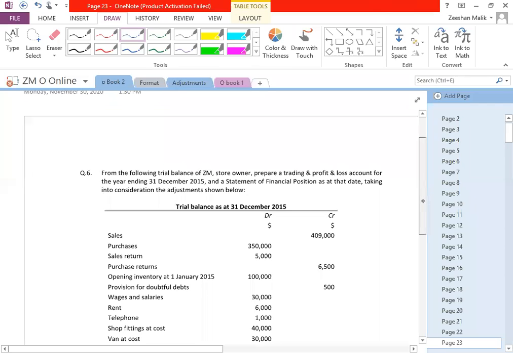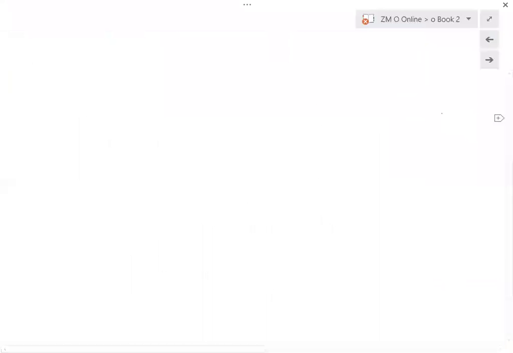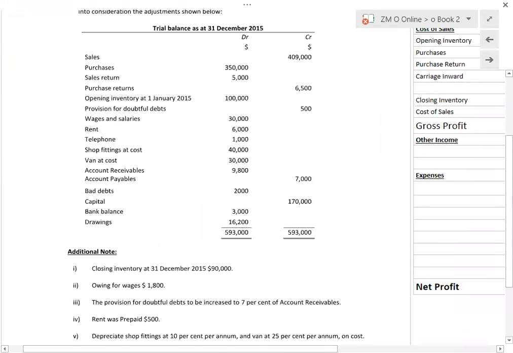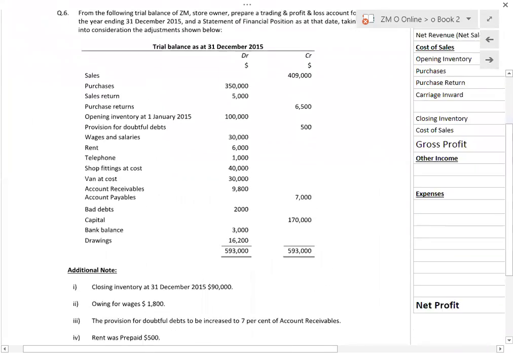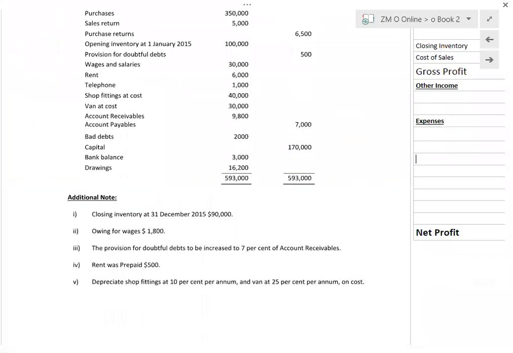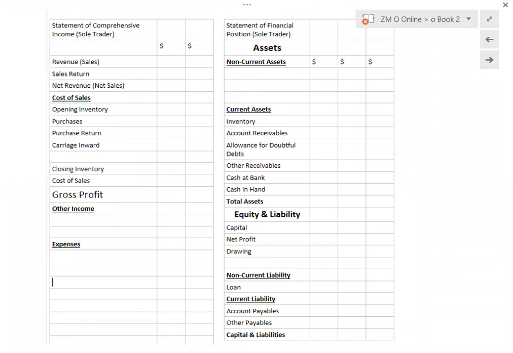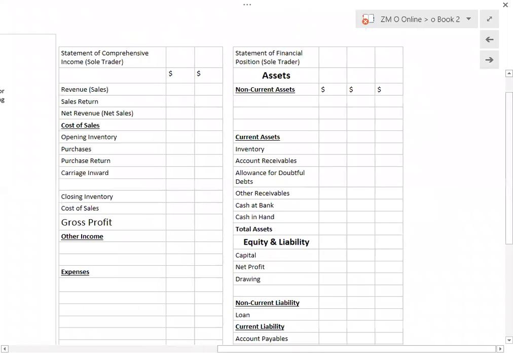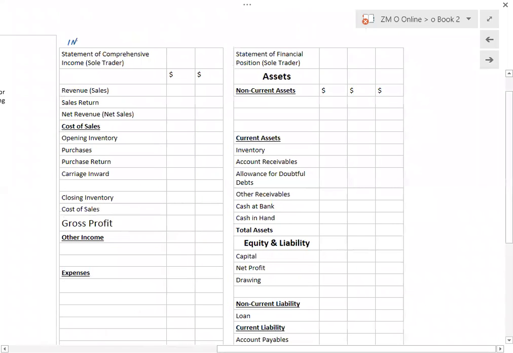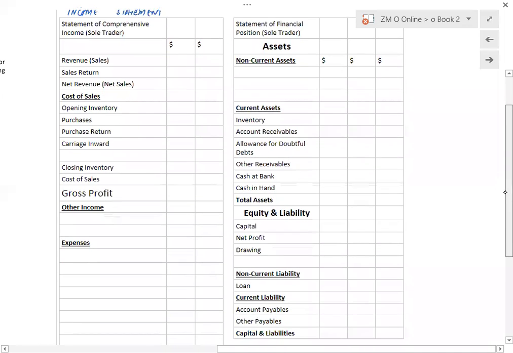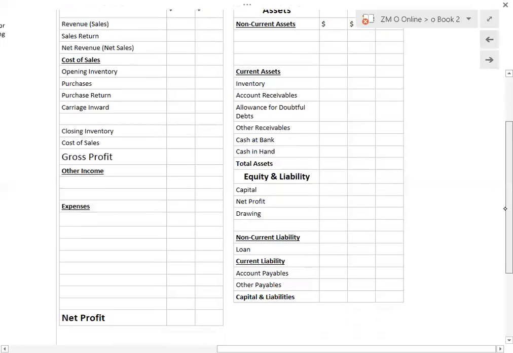Here is a question number 6. This is a financial statement question. Trial balance is given to us. Adjustments are there. The requirement is to prepare income statement and a statement of financial position. The already written format never changes.